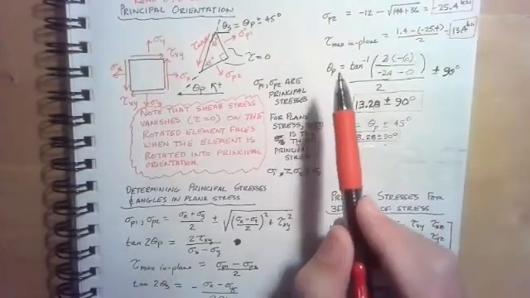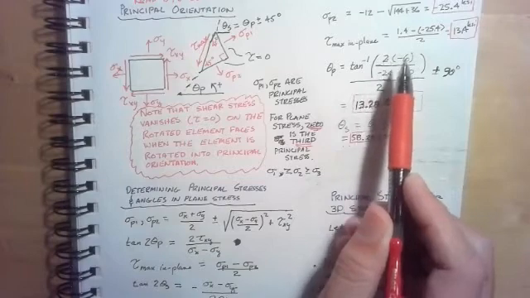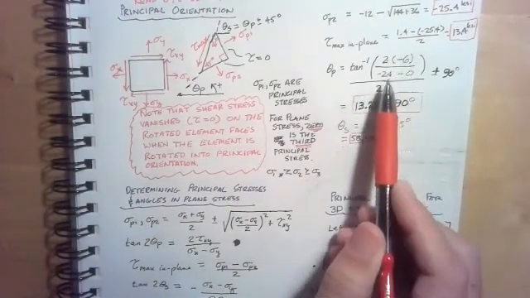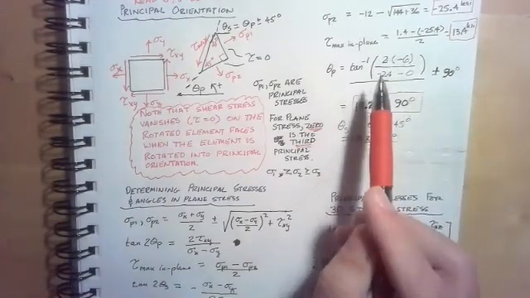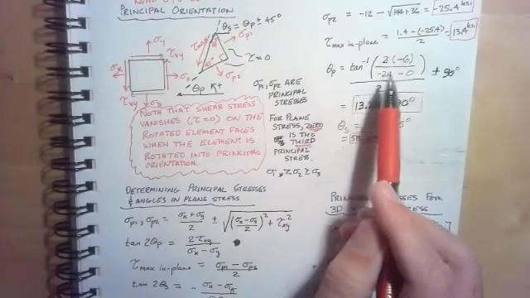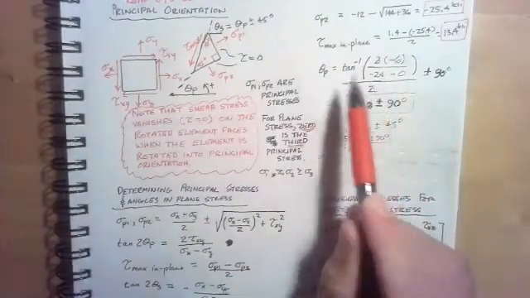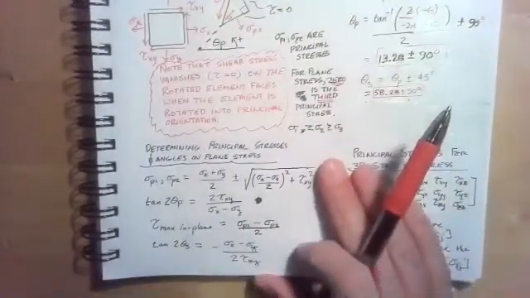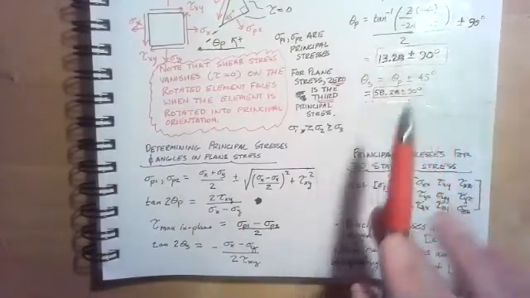Now for theta P, that would be given to me as tangent inverse of 2 times negative 6 over negative 24 minus 0, negative 6 being the shear stress tau xy, negative 24 being sigma x, 0 being sigma y. Divide that by 2, and then add or subtract 90 degrees, and we'll talk about why in the next section, in the next video lesson.